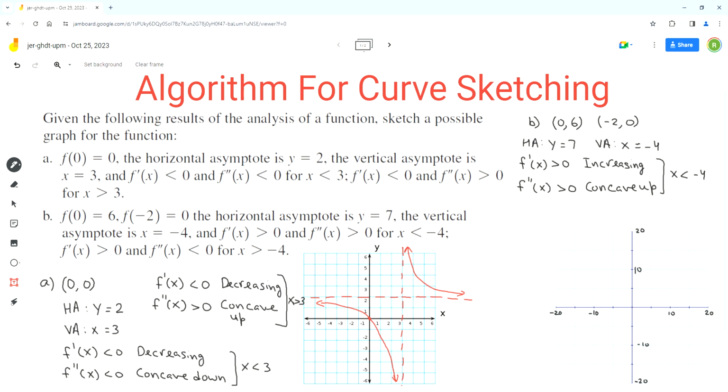Now after that, the first derivative is greater than 0 and the second derivative is less than 0 for x greater than negative 4. So the first derivative is greater than 0, that means the function is increasing.